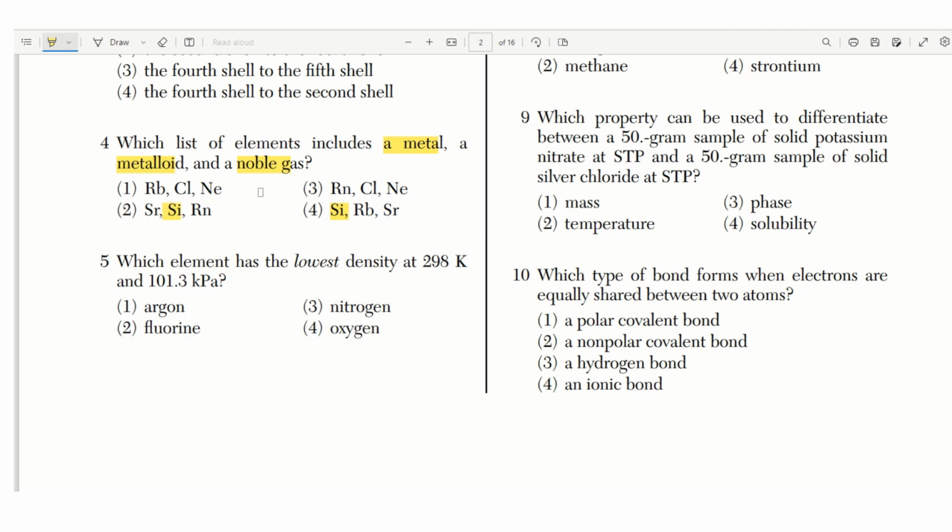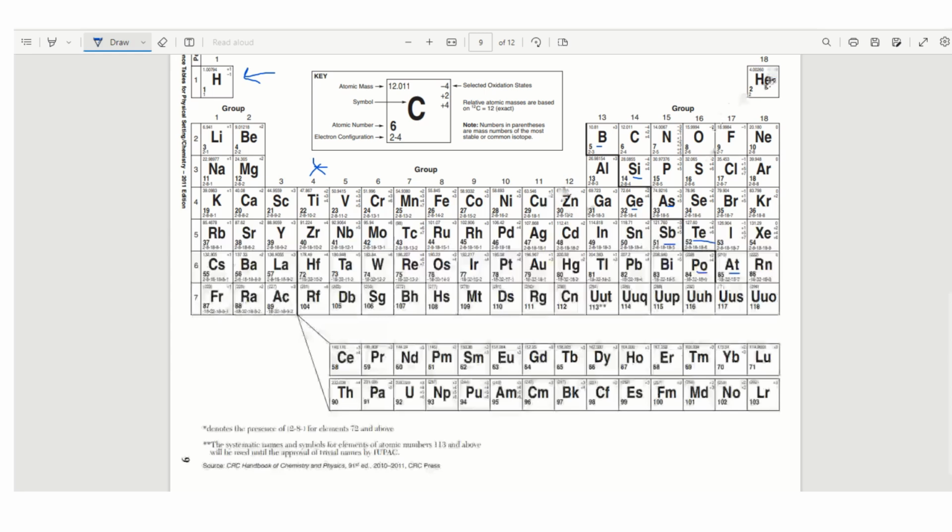Now I need a noble gas. I know those two for sure have a metalloid. Now let's look at noble gases. Noble gases are group 18: helium, neon, argon, krypton, xenon, radon.